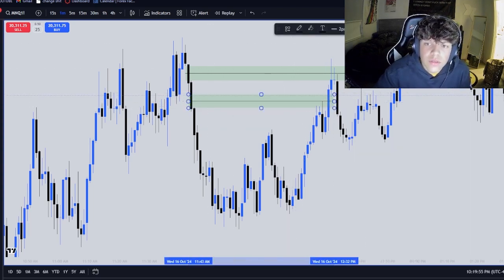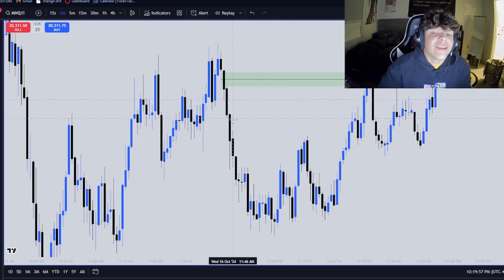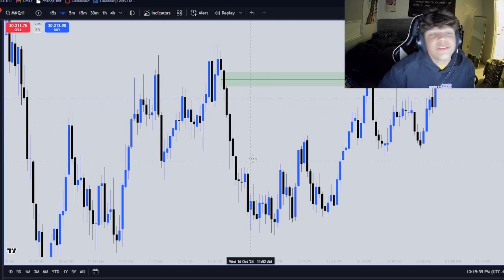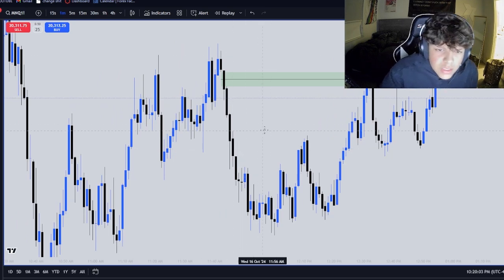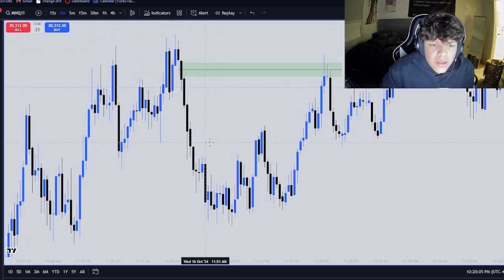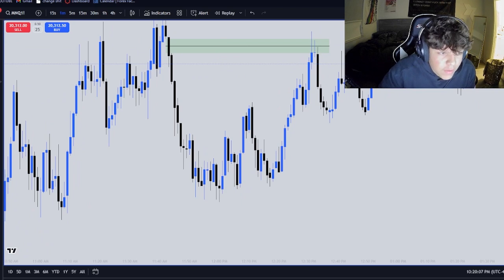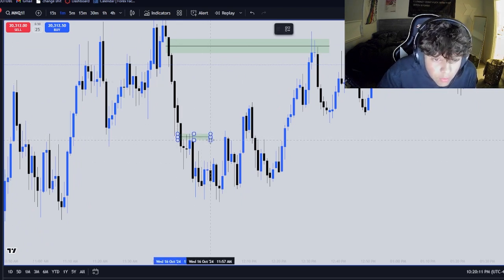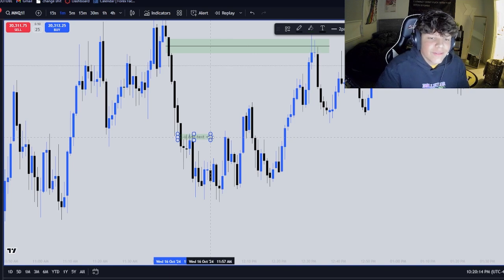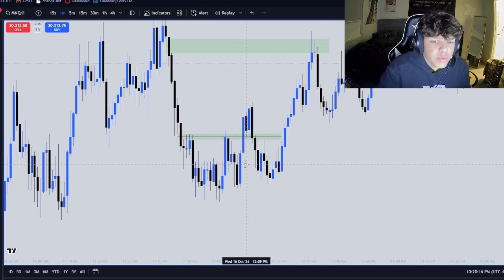Another thing: when you're marking out these fair value gaps, everything isn't a fair value gap. Don't try to force a fair value gap. You see a big wicky one like right over here and you go, oh, this is my fair value gap. No, it's not. Don't do that. That's stupid.